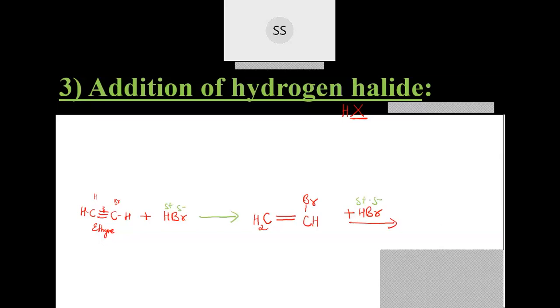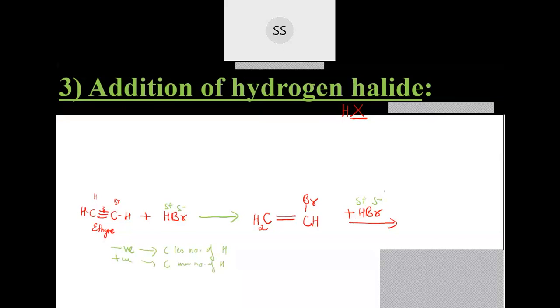And what does Markovnikov rule say? Markovnikov rule says that the negative part of the adding molecule, that means the Br, will go to the carbon having less number of hydrogen, and the positive part should go to the carbon having more number of hydrogen.